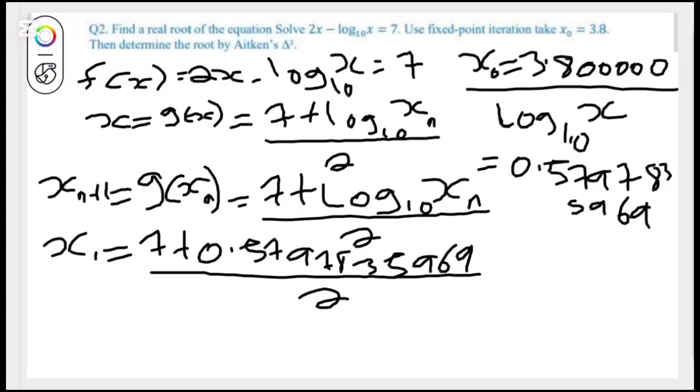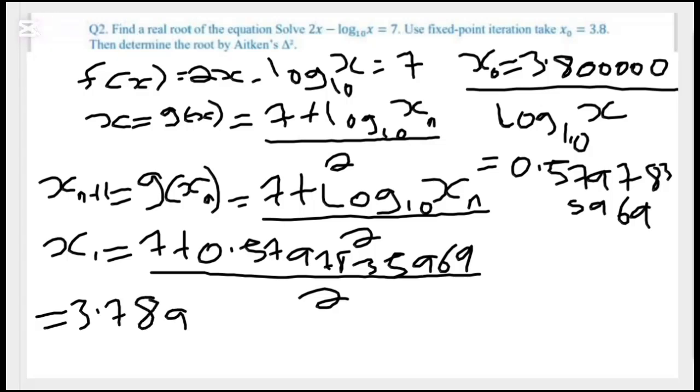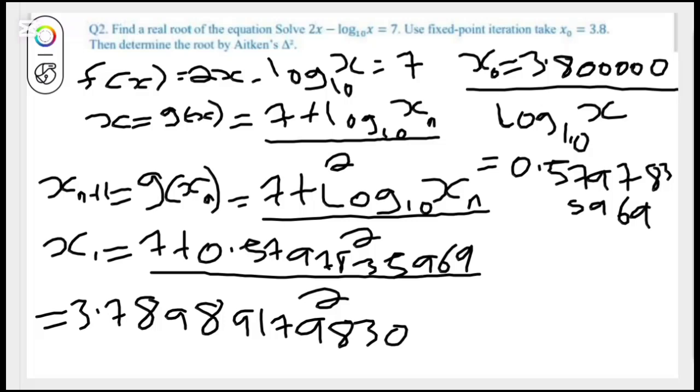So at the end I'll get 3.789891792 830 05. So I'll only carry 3.7900.